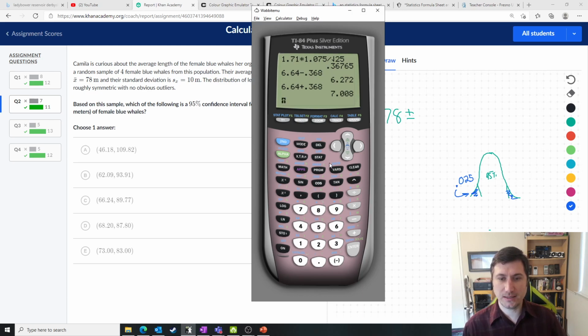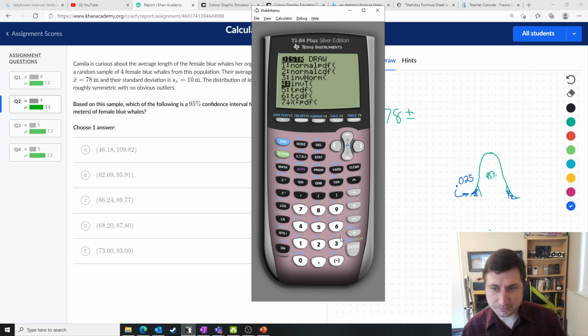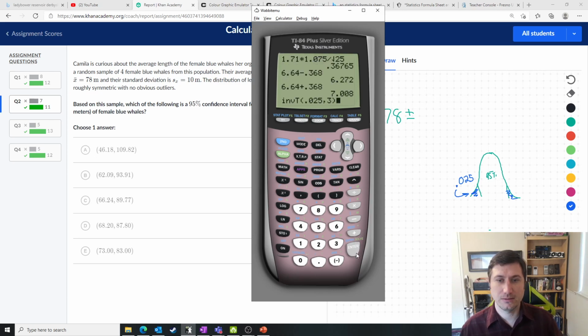Second distribution, inverse t. Inverse t right there, right underneath the inverse norm, which we use for a z-star, right? So they're right next to each other. Area 0.025, degrees of freedom 3. Negative 3.18.